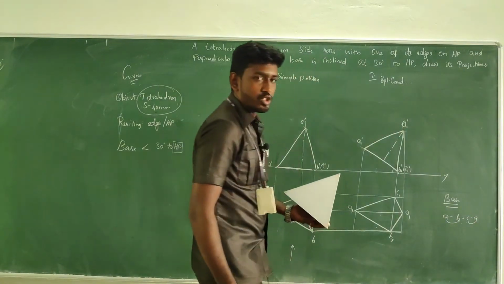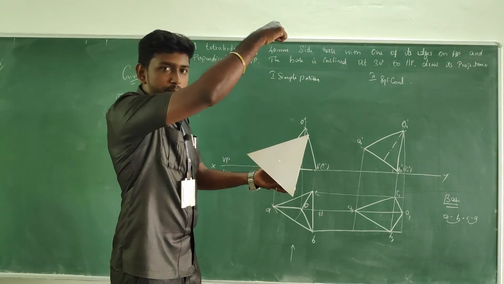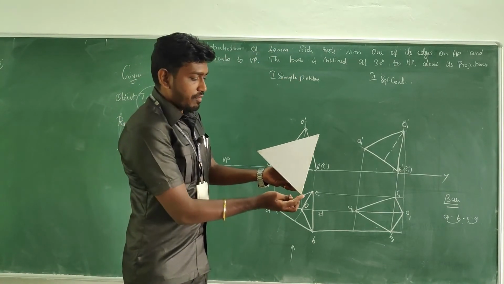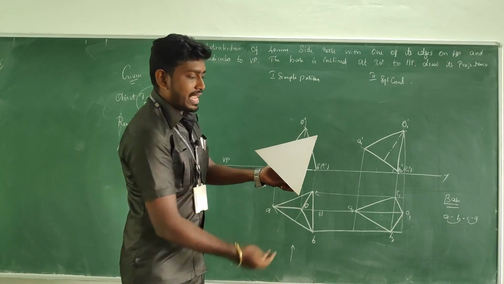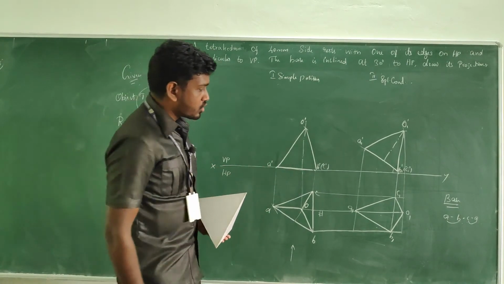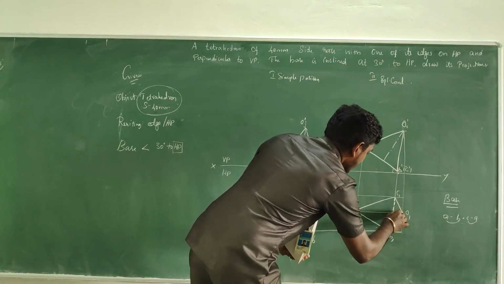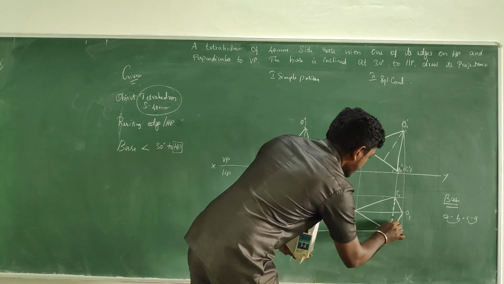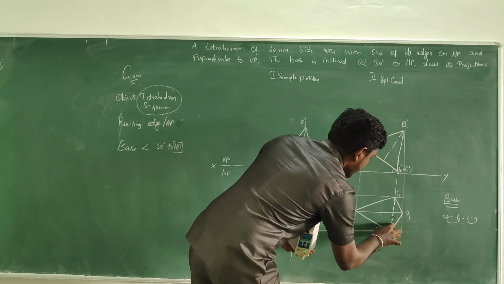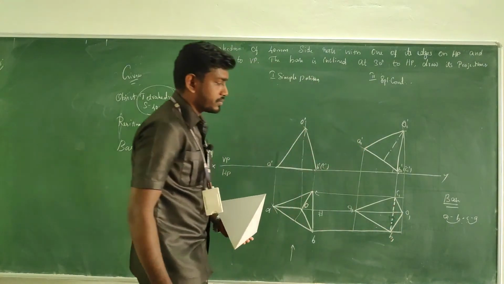B to C we need to connect. When you are looking from the top, perpendicular to the object, is this B to C visible to you? No, right? So we must connect C to B as an invisible line, nothing but a dashed line.